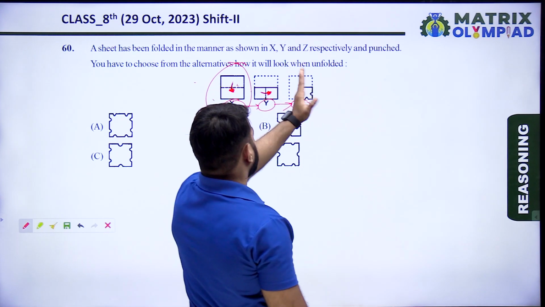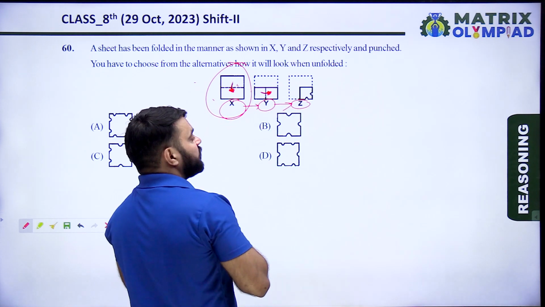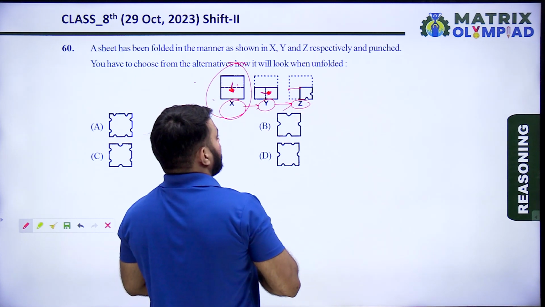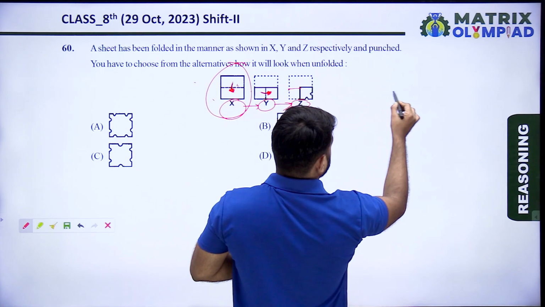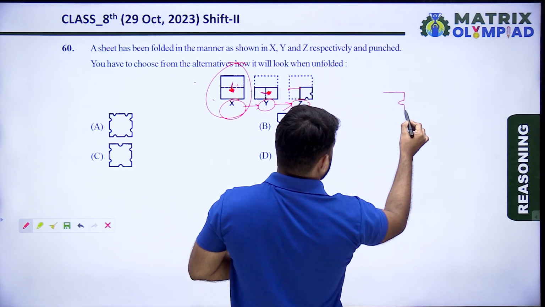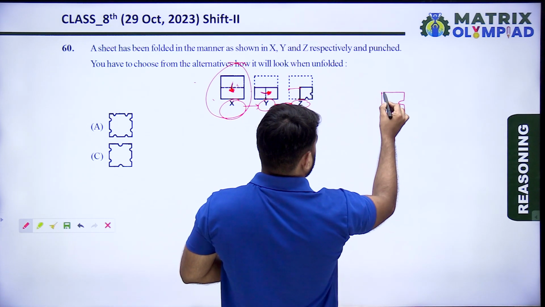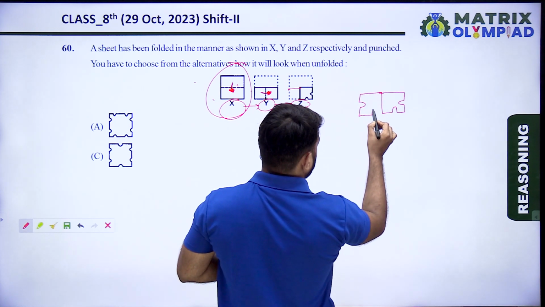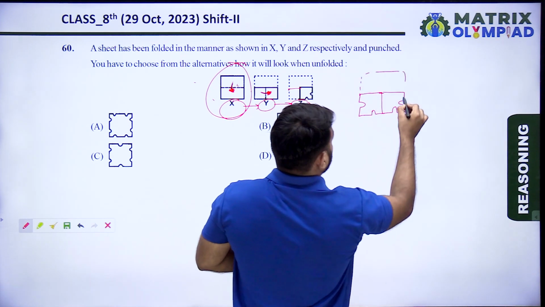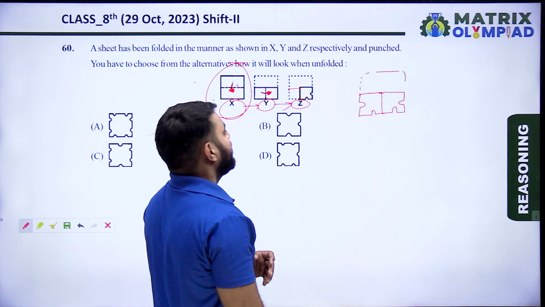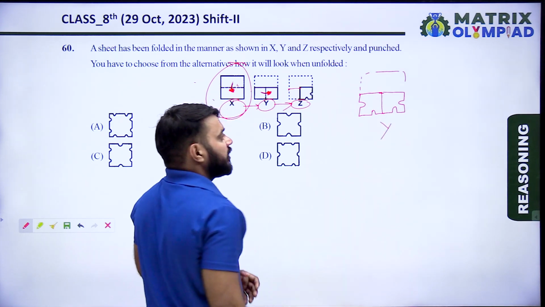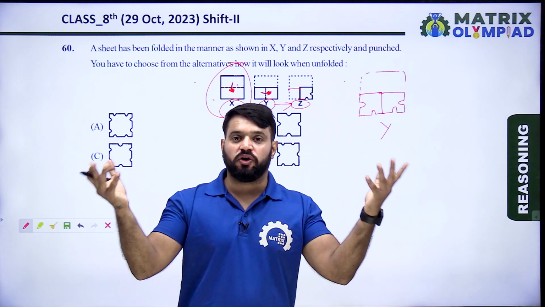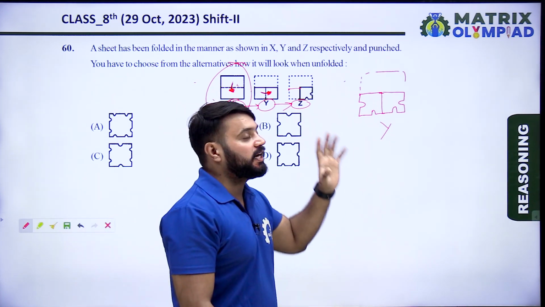So first unfold Z, then we get Y. When we unfold Z, it represents Y. Now unfold Y, it represents X, and find the image of X because X represents the unfolded paper.